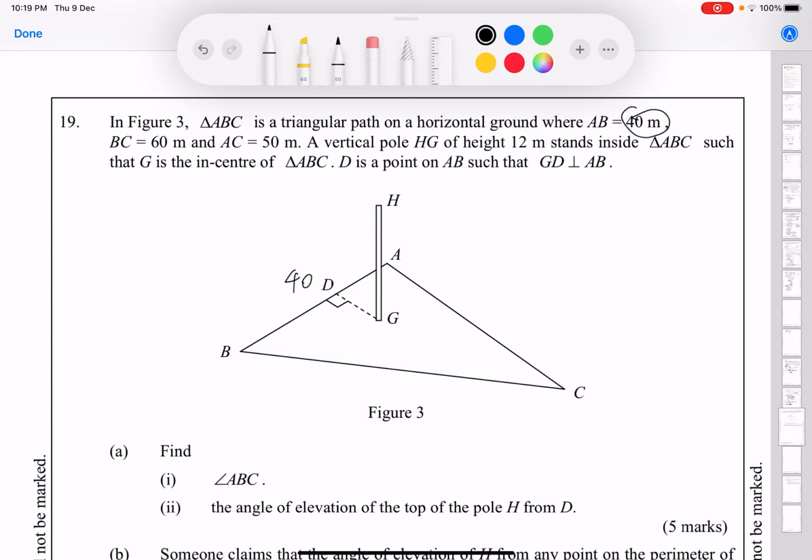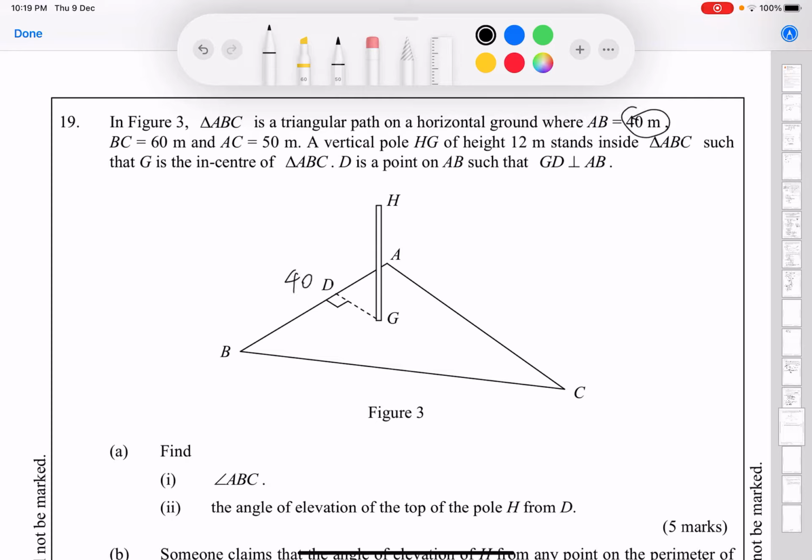So what does incenter mean? It means that AG, BG, and CG are the angle bisectors.